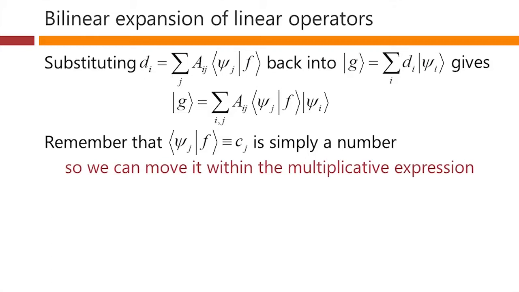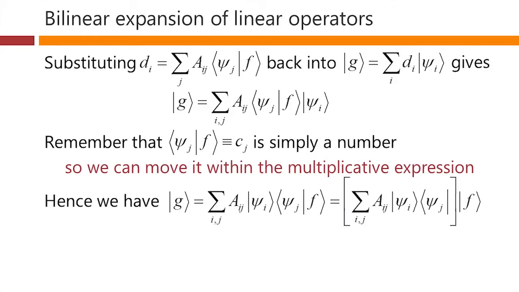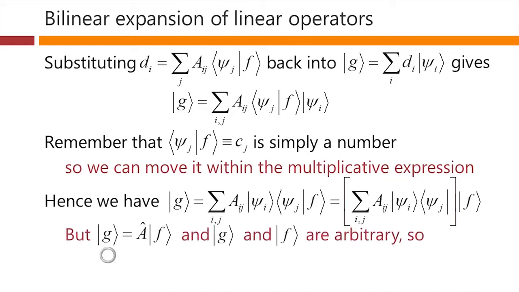It makes no difference. Hence, we can move it to the other side of the ket psi i, and then we can simply put brackets round about all of this part. But the g and the f here are arbitrary. So what we're saying is that this whole object here is, in fact, the operator A.